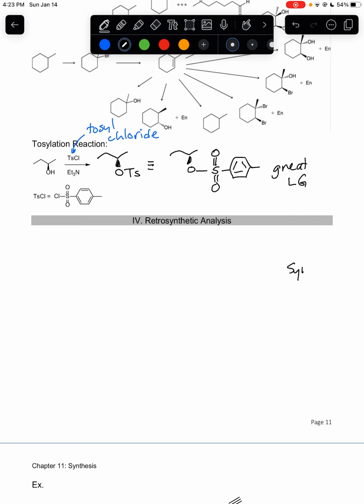You have to think backwards from synthetic targets. So if this is the synthesis target, the product that you want to make in the end, you need to think backwards. This arrow specifically means a retrosynthetic arrow, which means that the synthetic target can be made from.